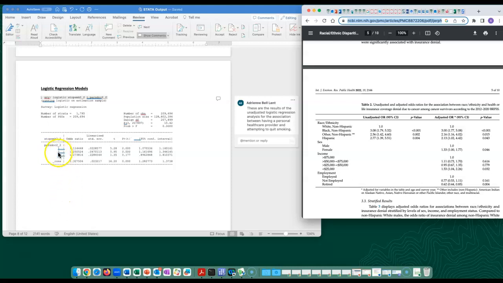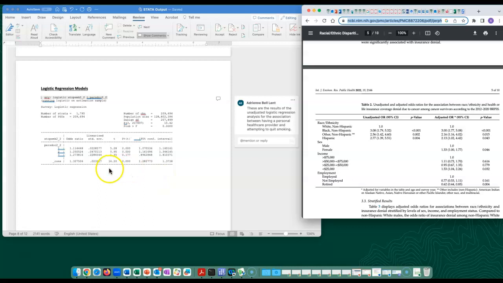The next row down: compared to those who do not have a personal healthcare provider, those with more than 1 healthcare provider, the odds of attempting to quit smoking are 1.25. The p-value is 0.00, and the 95% confidence interval is 1.62 to 1.35.